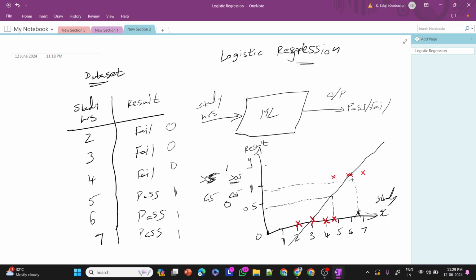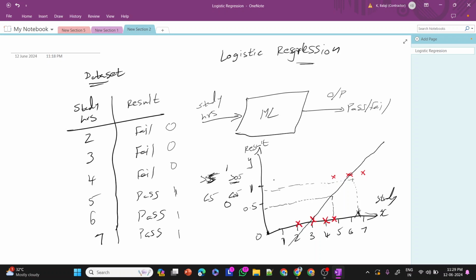By seeing this formula, we can conclude that we can solve a binary classification problem using a linear regression algorithm.